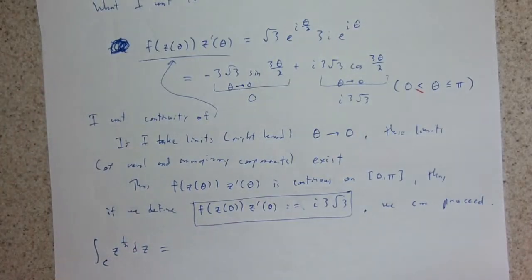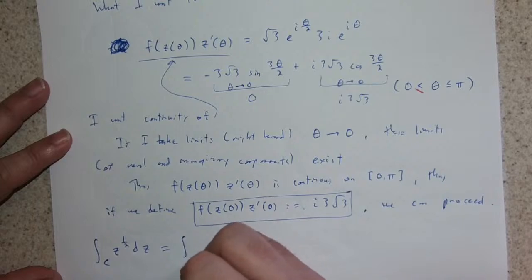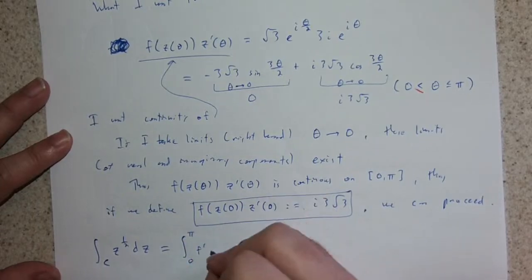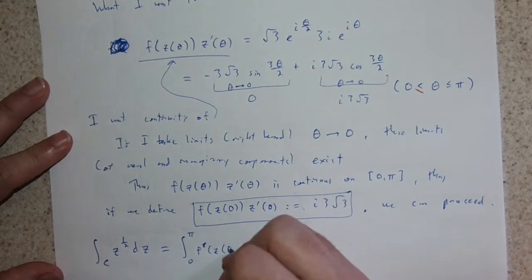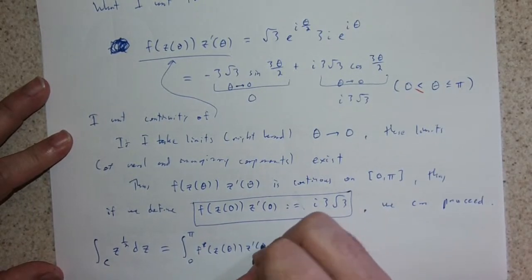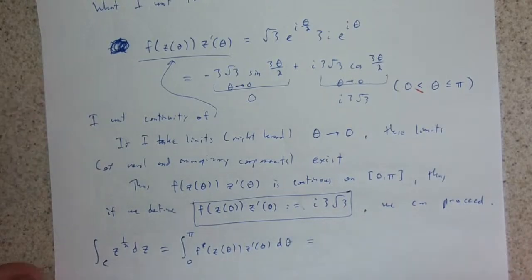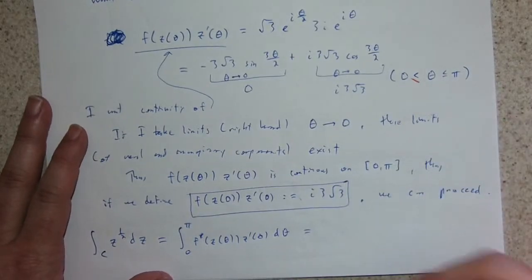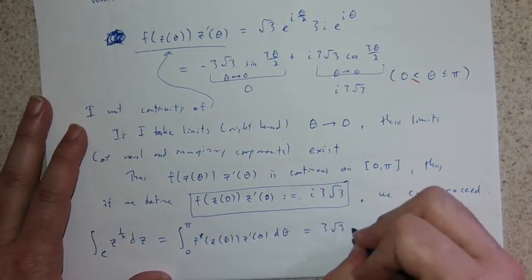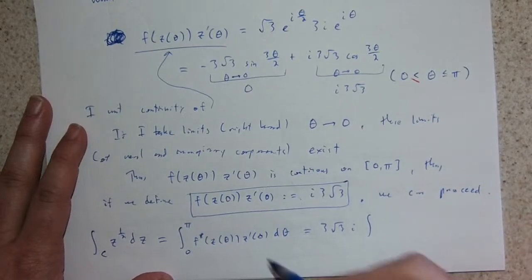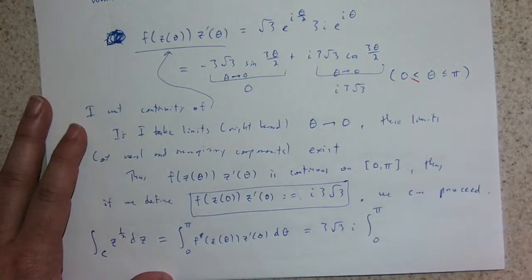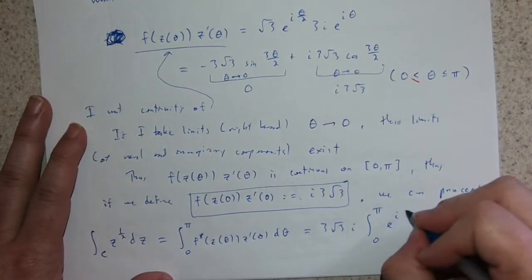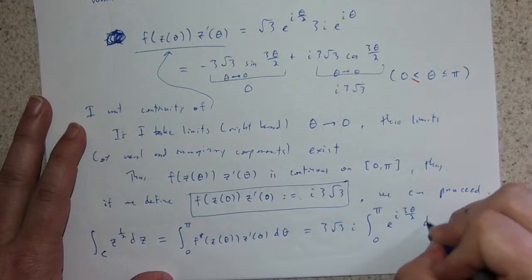This is equal to the integral from 0 to pi of f of z of theta times z prime of theta d theta, which is 3 root 3 i times the integral from 0 to pi of e to the i 3 theta over 2 d theta.